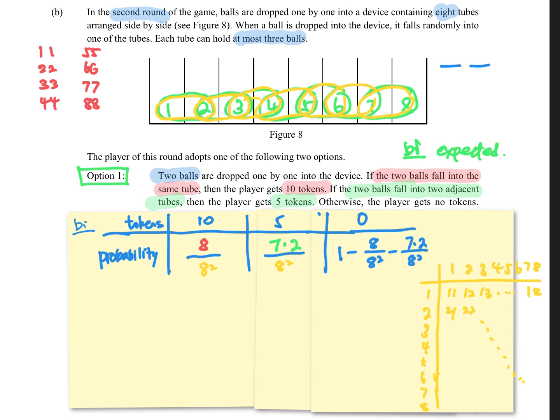So for B1, the corresponding expected number of tokens would be 10 times x over x squared, plus 5 times 7 times 2 over x squared.